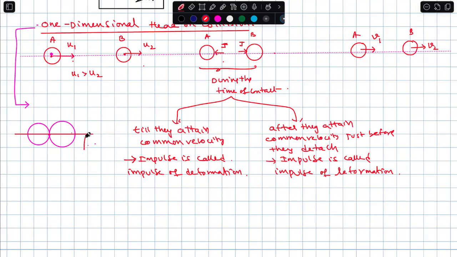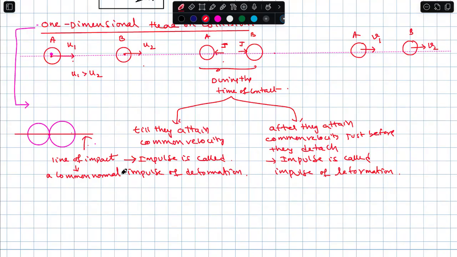This line is called line of impact. And this is also a common normal. Line of impact is a common normal.